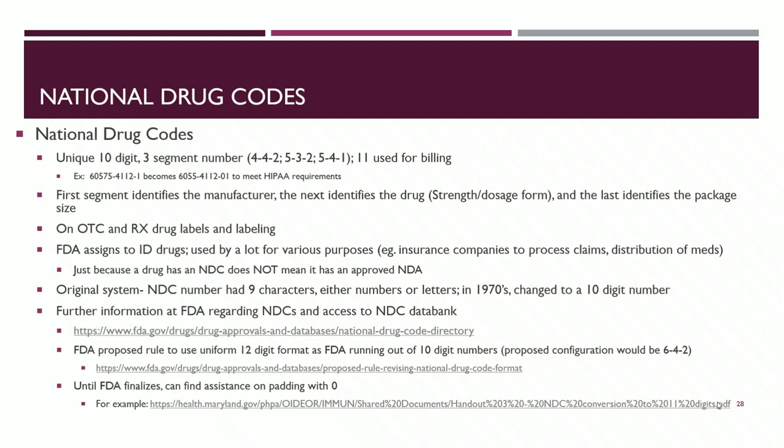So don't think that. The way to find out if a drug has been approved by the FDA is through an approved list; there's the Orange Book and then there's the Purple Book as well. But the FDA assigns these products an NDC, and it doesn't automatically mean that they're approved by the FDA as safe and effective.